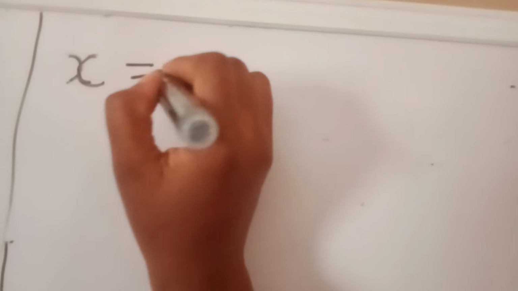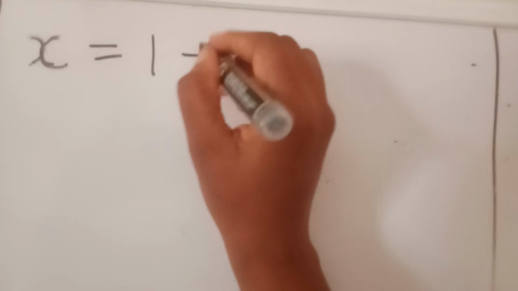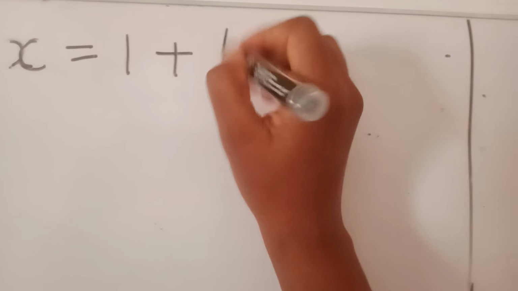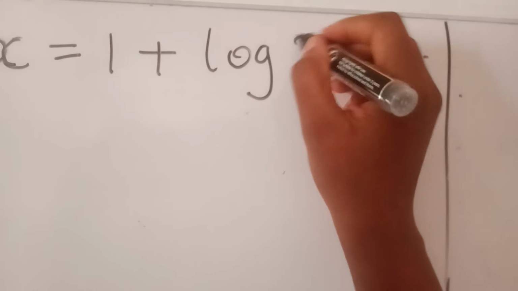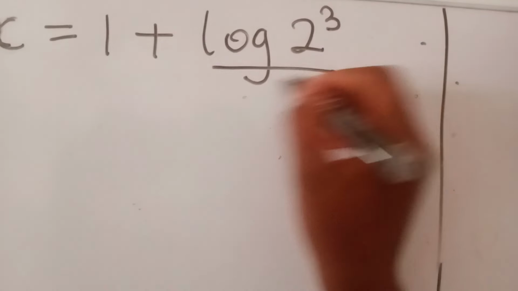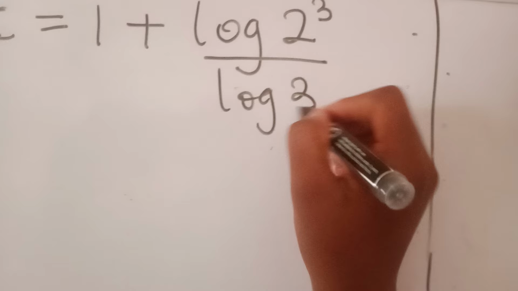Okay, we can also express this in this way. So this can also be written as x equal to 1 plus log 2 to the power of 3 all over log 3.